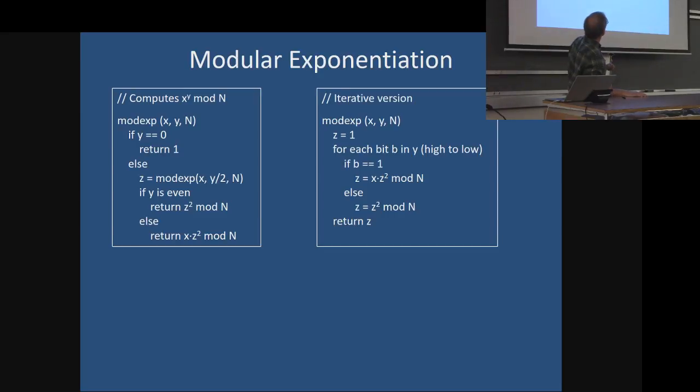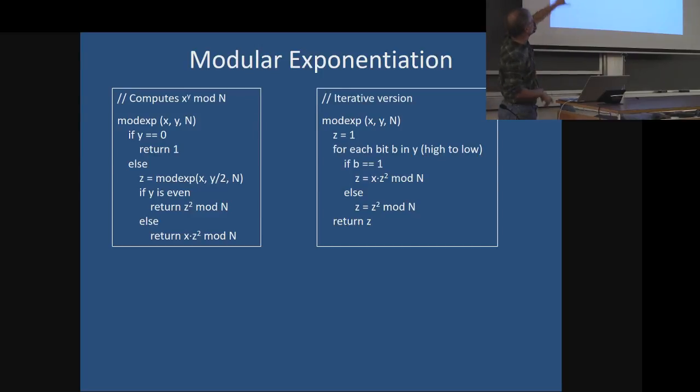If the bit is 1, it does the x times z squared mod n operation. If the bit is 0, it just squares the z that it's building, mod n. So it does the same operations as over here, but it doesn't involve recursion.